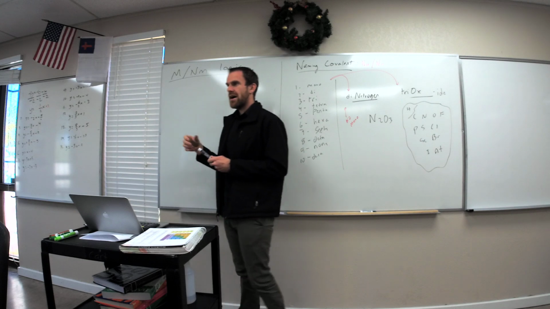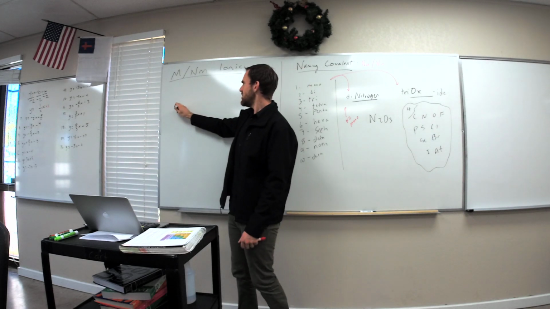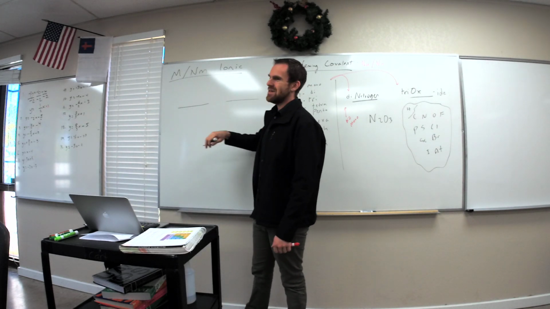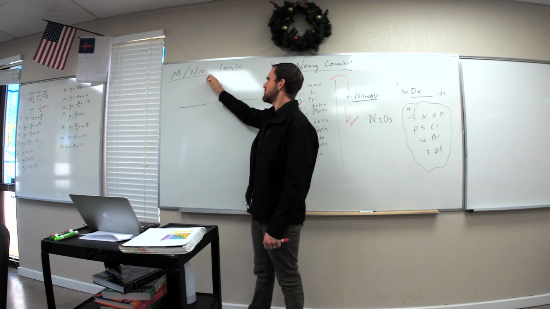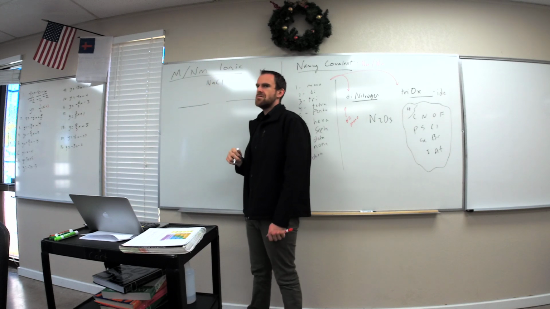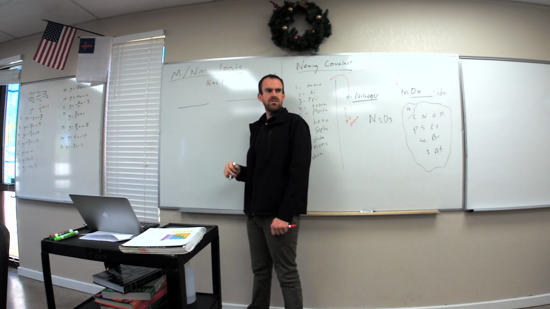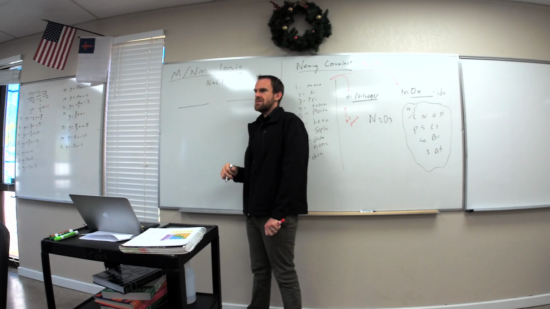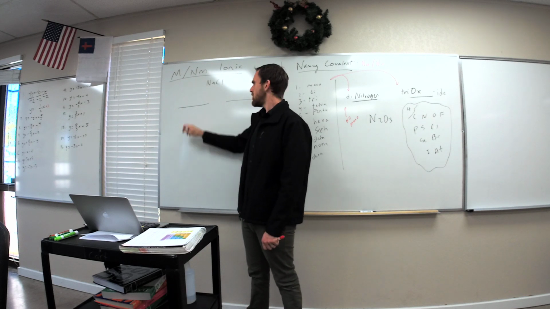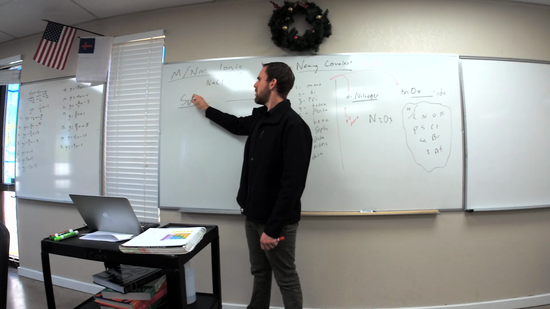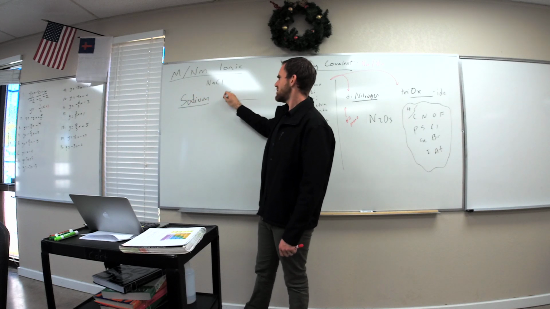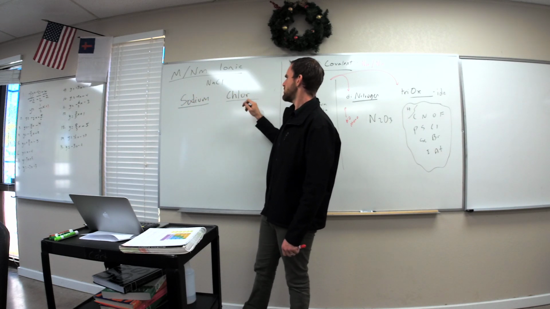What are the rules for ionic bonding? You have the 2 names. Let's pick the easiest one that we see every time, which is salt. Na is sodium, Cl is chlorine.